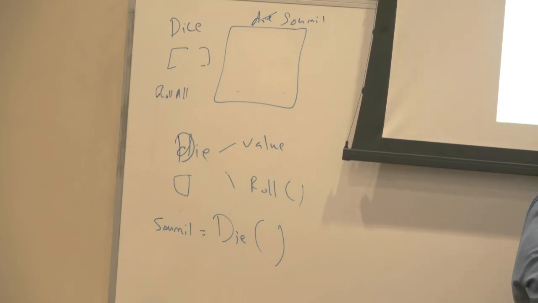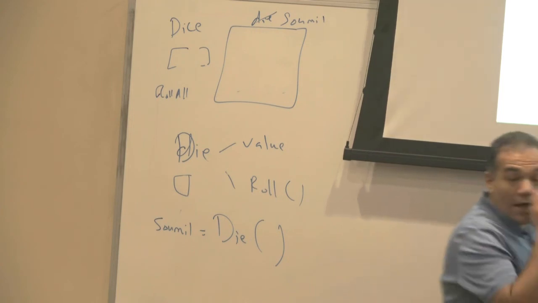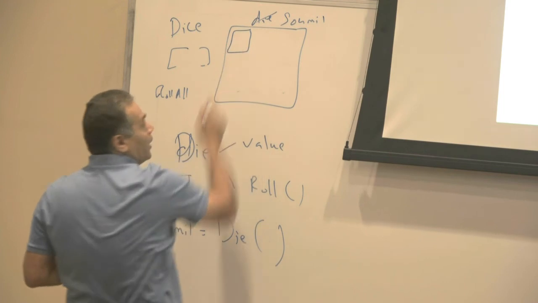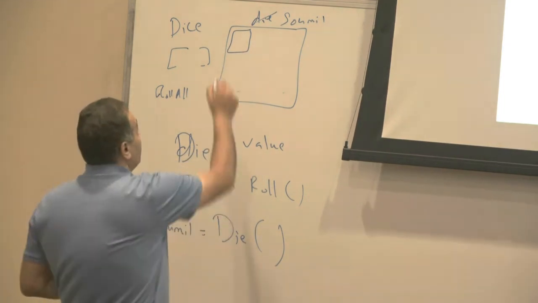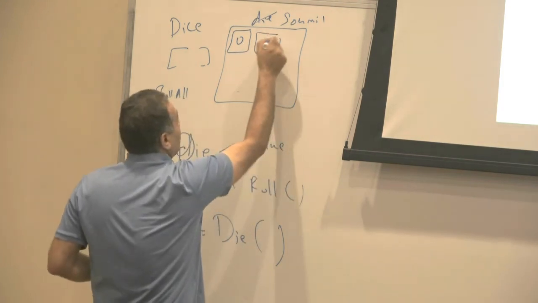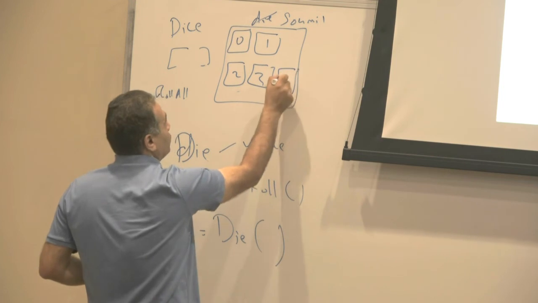So now die equals Die. What I did in here, I created a die. Then what I did, add a die. Add it where? To the dice. So what I did in here, I created the first die. And this is 0. Then I loop again, and I'm going to create a second one. 1, 2, 3, 4, because we asked for 5.